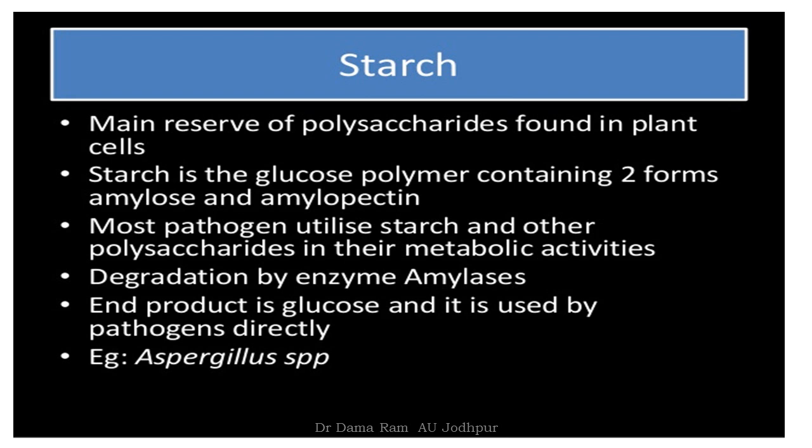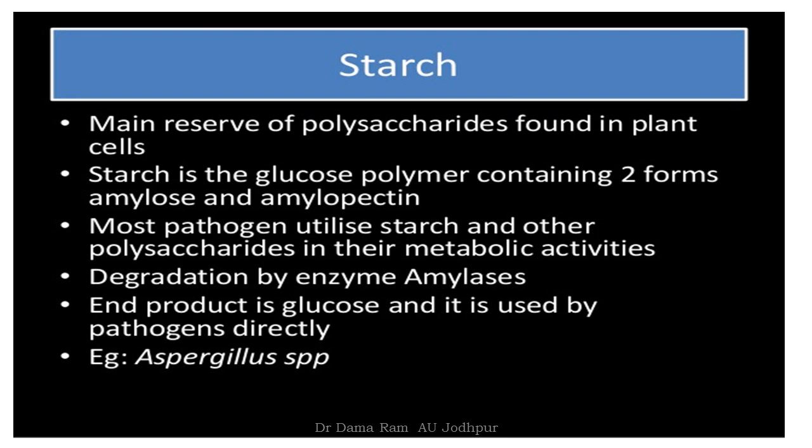Next is starch. Starch is the main reserve polysaccharide found in plant cells, and starch is a glucose polymer containing two forms, amylose and amylopectin. Most pathogens utilize starch as food.